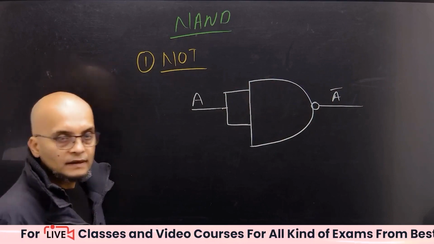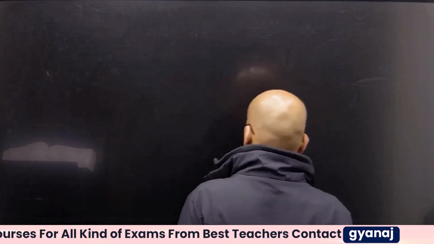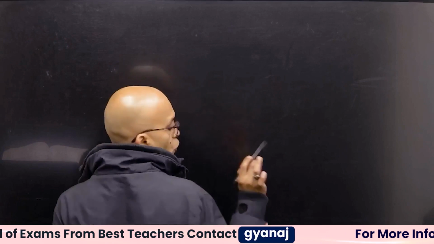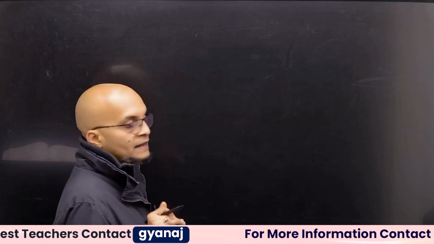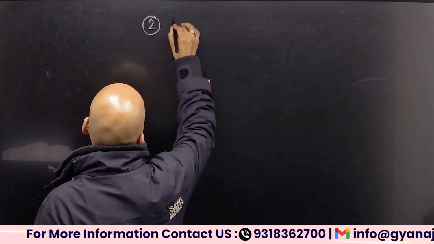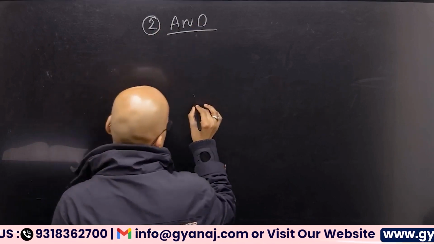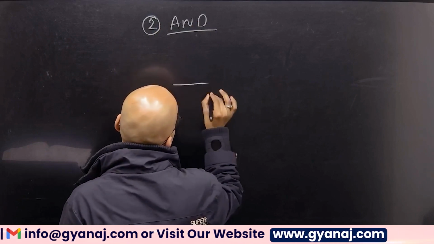Okay. Now let's draw. So we have realized the NOT gate with the help of the NAND gate. Now let us realize the AND gate with the help of the NAND gate. Pay attention, it's very simple.